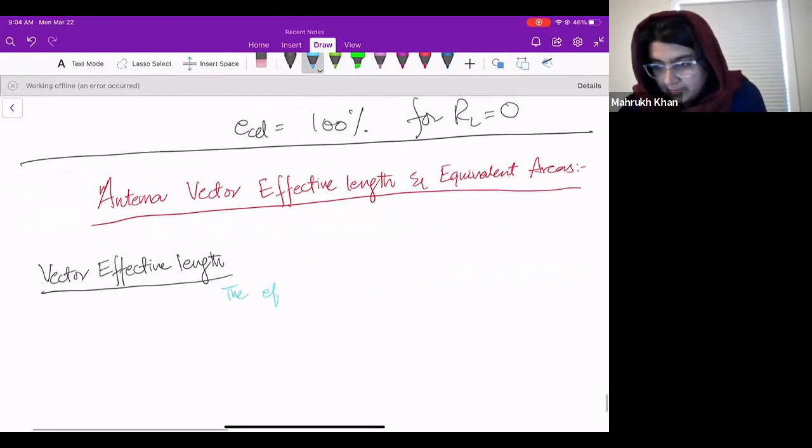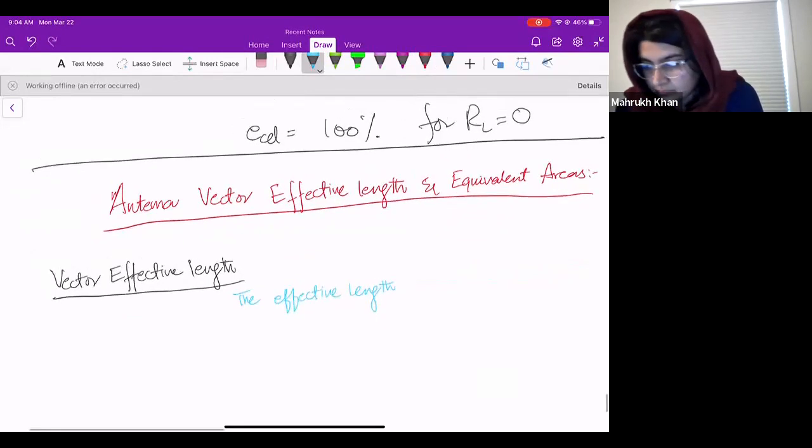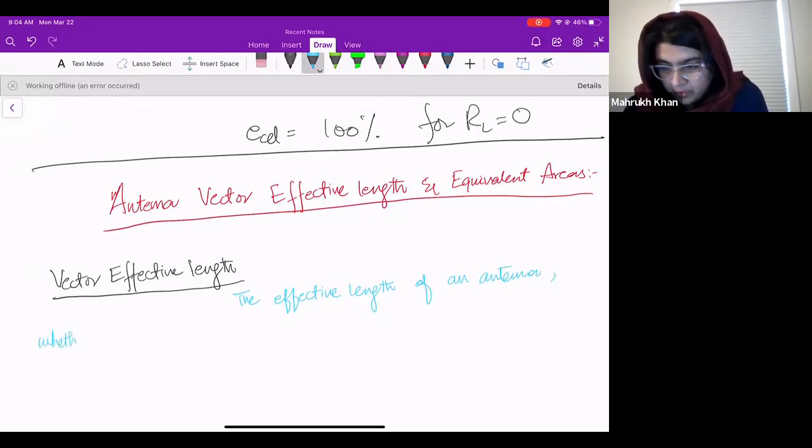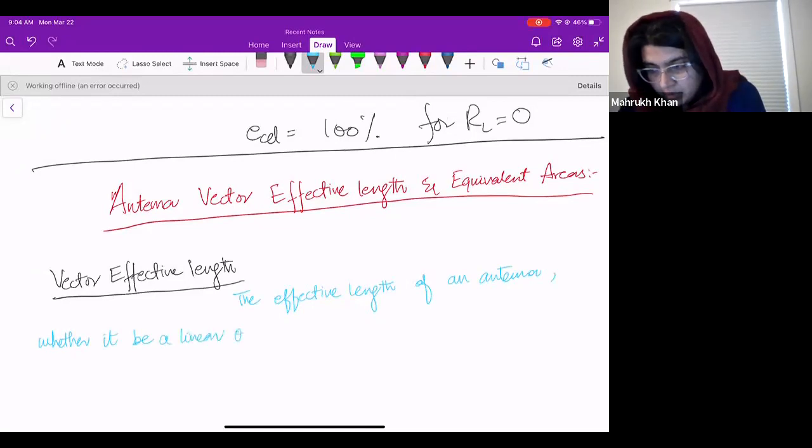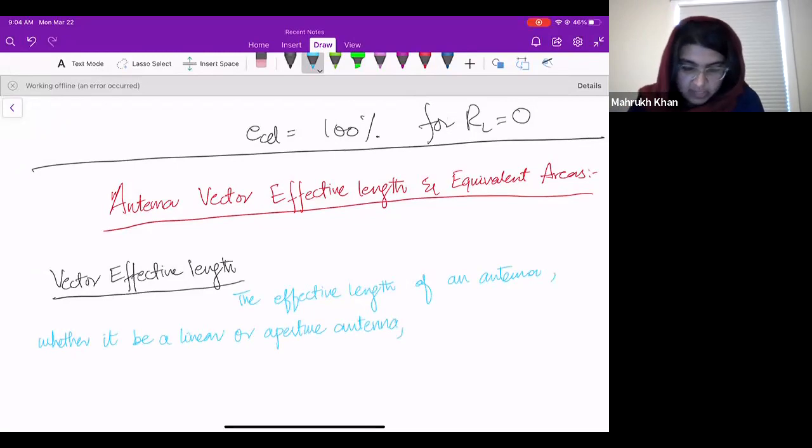The effective length of an antenna, whether it be a linear or aperture antenna. What is a linear or aperture antenna? We will talk about it, it's a type.